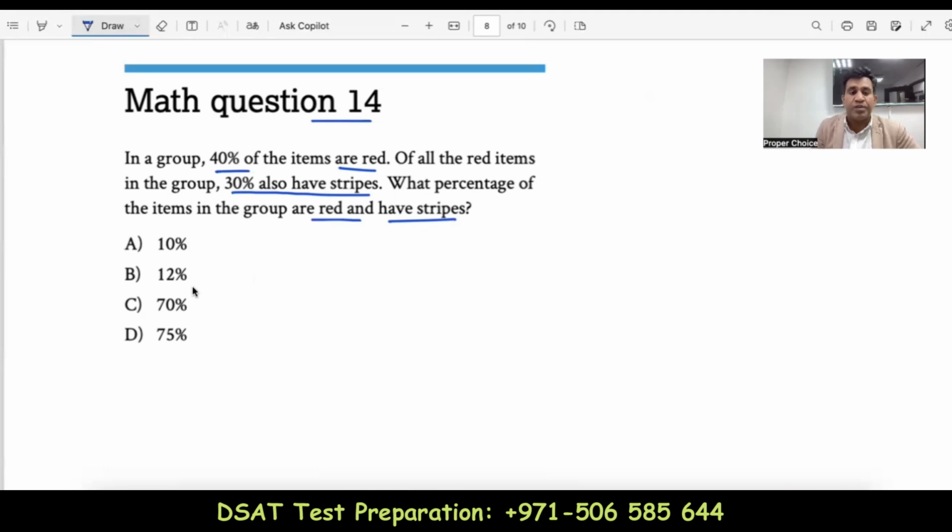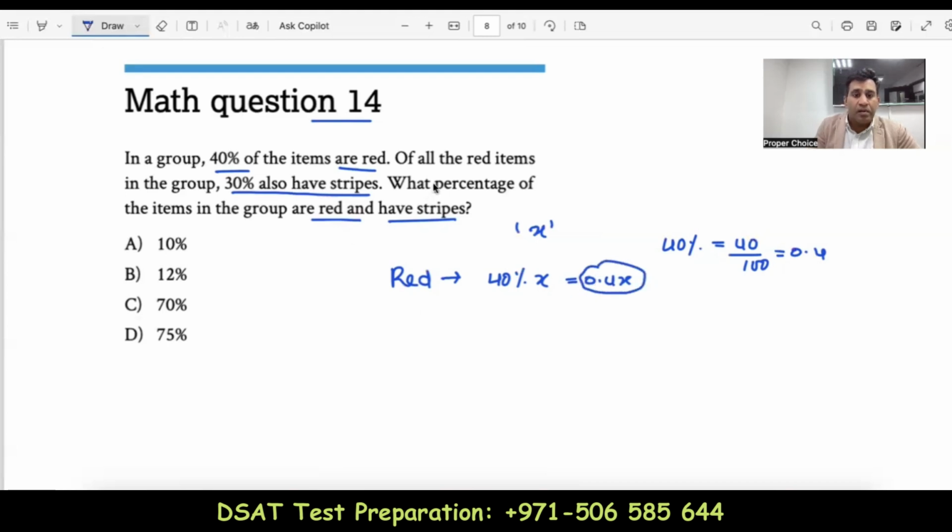As we are not interested in finding how many items are there, only what percent of items. Consider now that there are x number of items in a group, and 40% of them are red. So what will it be? 40% of the items, 40% of x, are red. Let me tell you, 40% can also be written as 40 by 100, which is equal to 0.4. So 40% red means 0.4 of x are red.